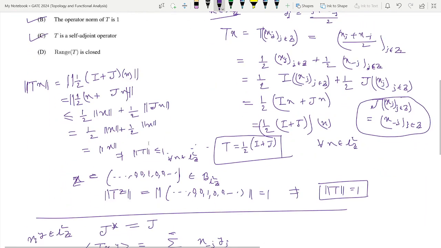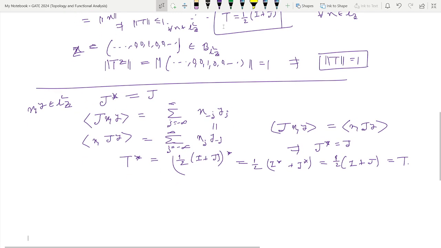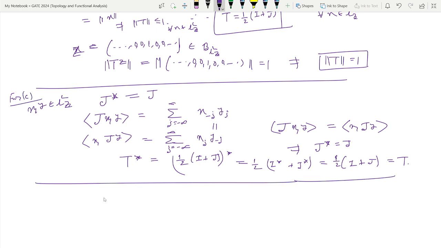So this was for option C, and this is for option D. Now simply let me write what is our range of T. This range of T is equal to all such Tx such that x belongs to l2(Z).